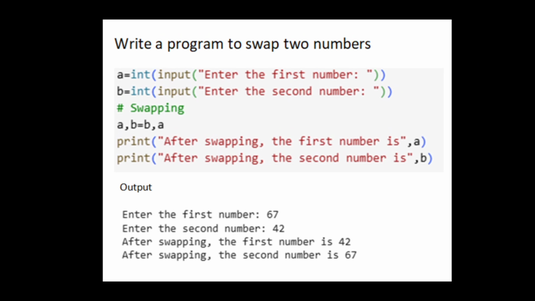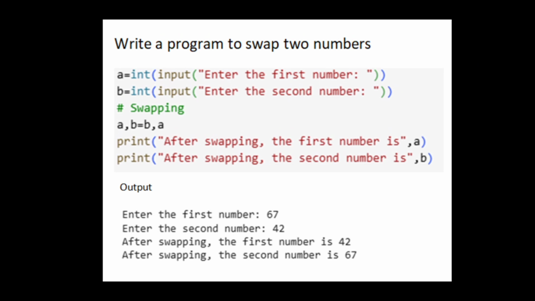My next program is write a program to swap two numbers. Swapping means just to interchange. Here we use two variables a and b, where a contains first number and b contains second number. Then swapping: a comma b equal to b comma a.